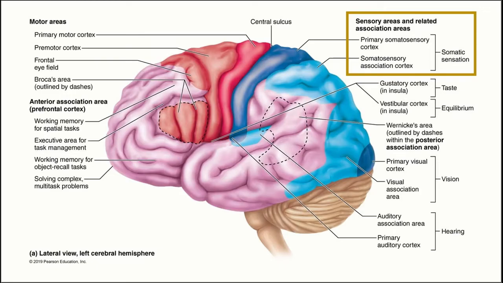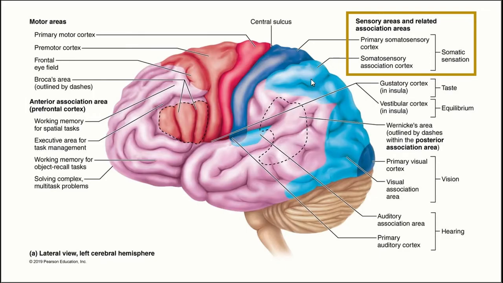Even though you are not directly looking at those objects, you can identify them as coins because of the communication between the somatosensory association area and the primary somatosensory cortex.